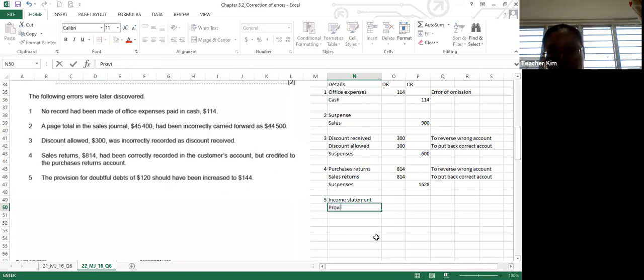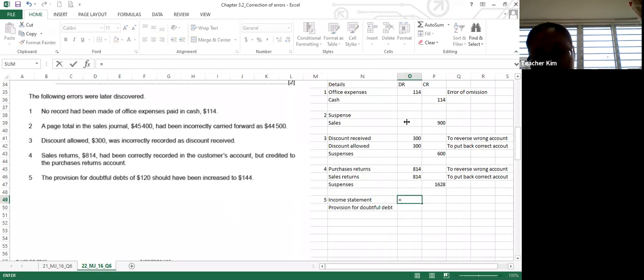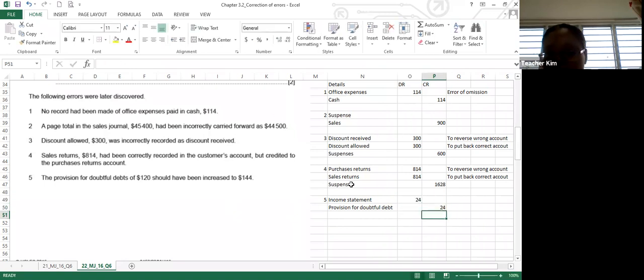So we put provision for doubtful debt. And the amount is the increased amount. 144 minus 120. So here 24. So this is all the entries.